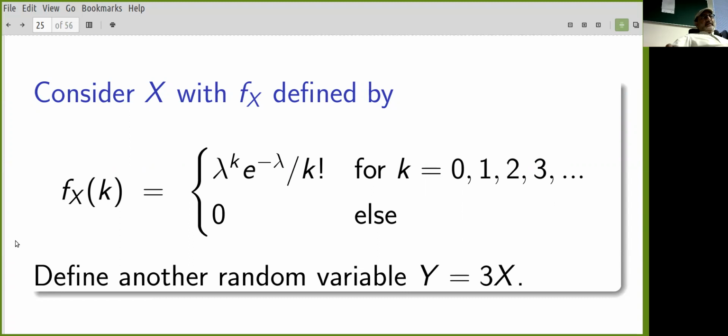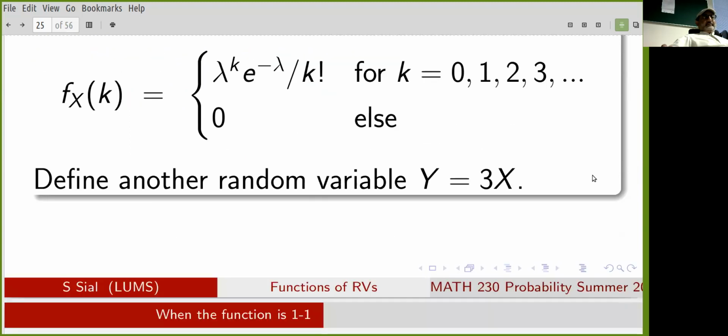So then f sub y of y, right? So what's k? K would be equal to y over 3. So you replace k by y over 3. And over here, if k is taking values 0, 1, 2, 3, then y is taking values 0, 3, 6, 9.